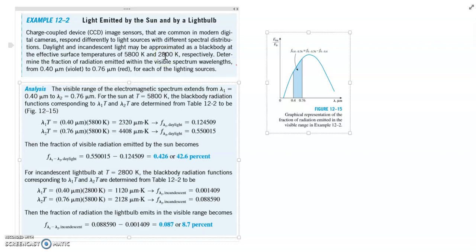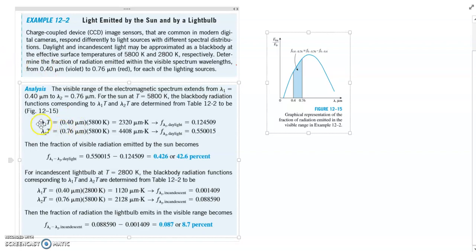Determine the fraction of radiation emitted within the visible spectrum, wavelength from 0.4 micrometer to 0.76 micrometer, for each lighting source. So your range is between 0.4 and 0.76 micrometer, and you need to find the fraction for both daylight and incandescent light. So let's start with daylight.